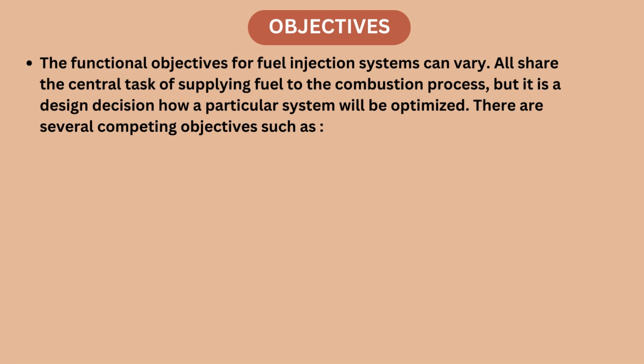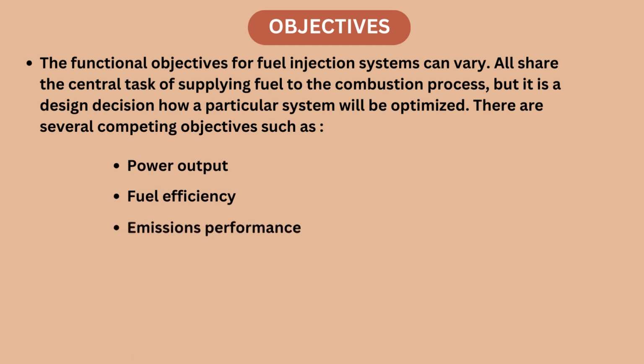These competing objectives are power output, how much power is required; fuel efficiency, how much fuel will be consumed per unit power production; and emissions performance, whether we are getting higher NOx, carbon dioxide or carbon monoxide emissions. Suppose carbon monoxide emission is more, that means the combustion is not proper. So emission performance is also important.